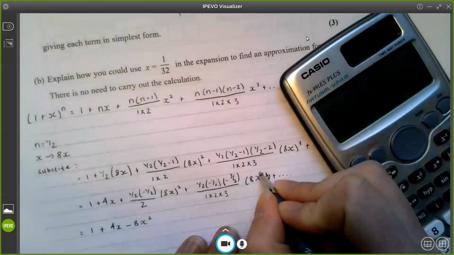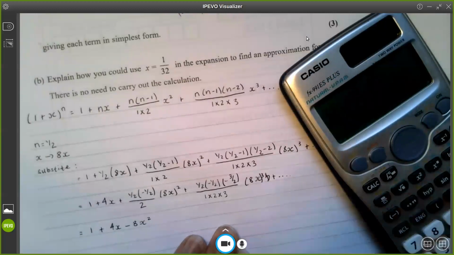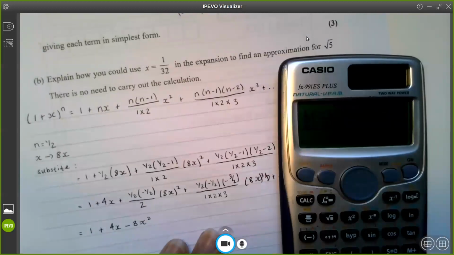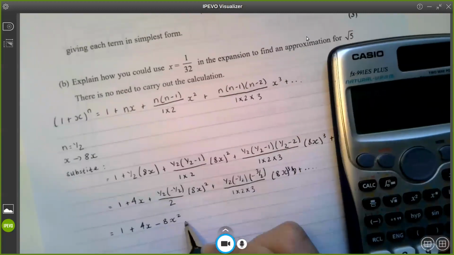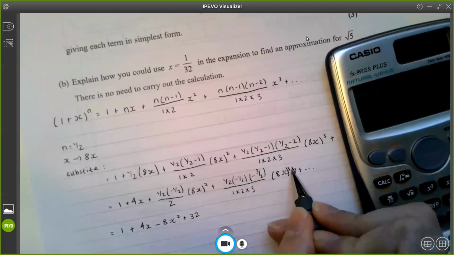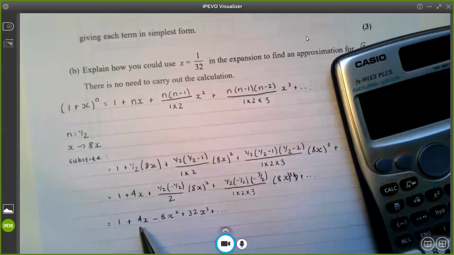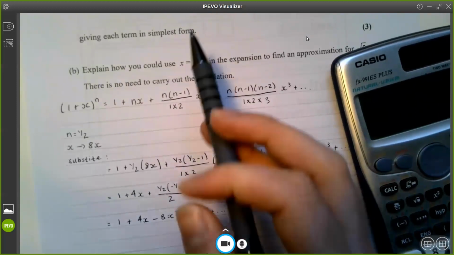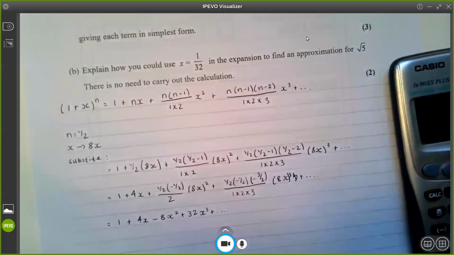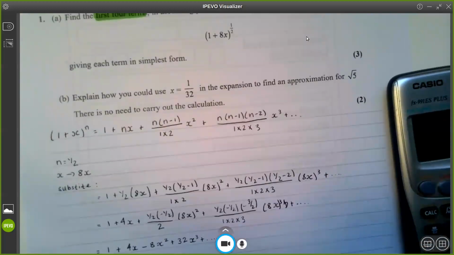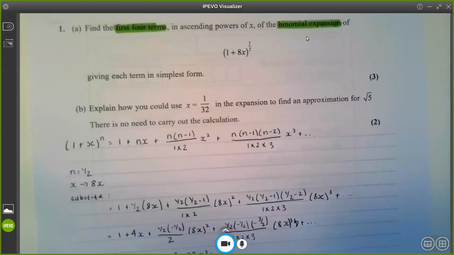Sorry, this bracket should be here, so it's (8x) cubed, which gives me 32. So I've got plus 32x cubed, and so on. So I've got 1, 2, 3, 4 terms. I did the binomial expansion. So that's question 1, part A.